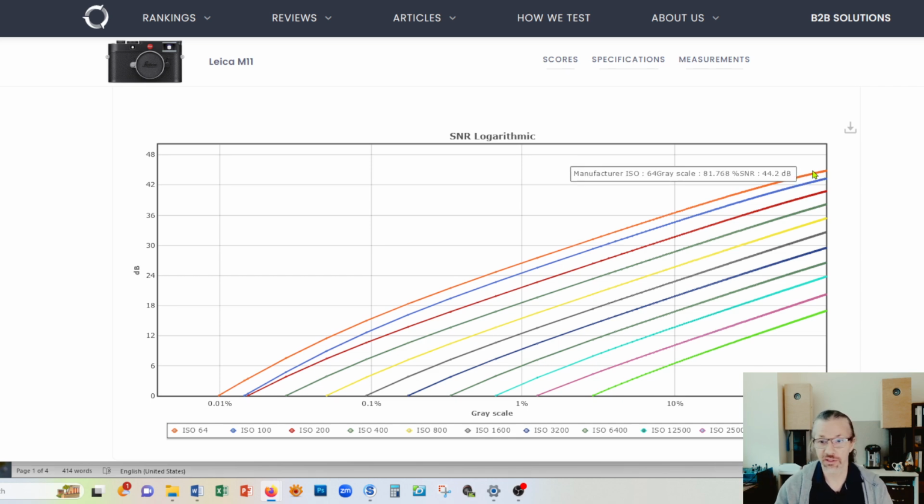For example, ISO 64, if you are in very strong sunlight and in parts of the world which are really sunny, let's say you are in Rio de Janeiro, or you are in Hawaii, for example, and it's noon and it's just bright everywhere, then yes, you want to use ISO 64, and it will give you superior signal to noise per pixel with the Leica M11 than the photos you would take at ISO 100 with the Canon 5D Classic.